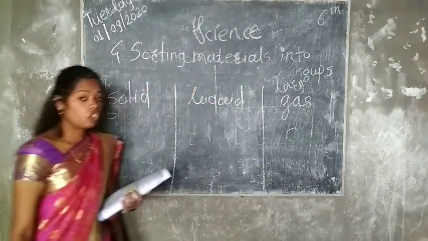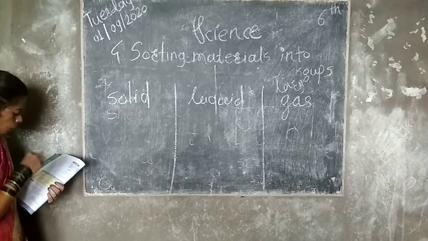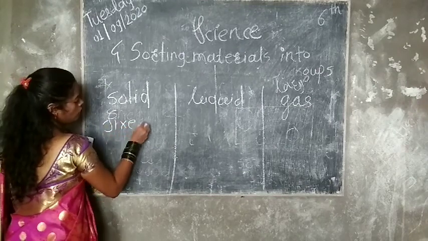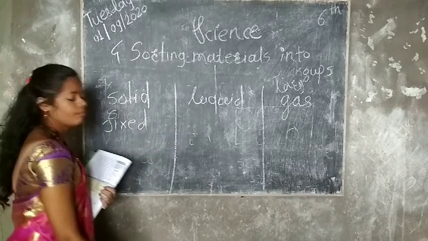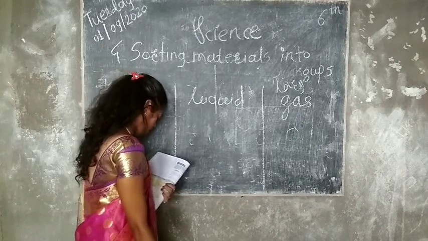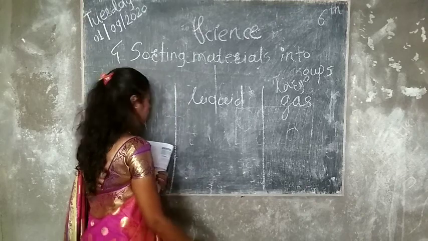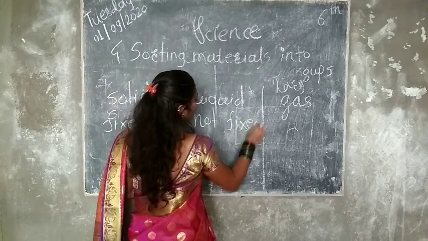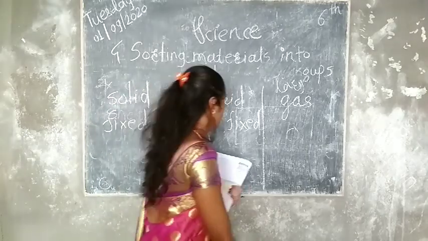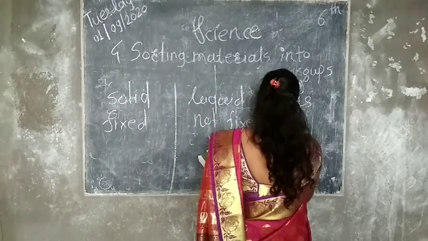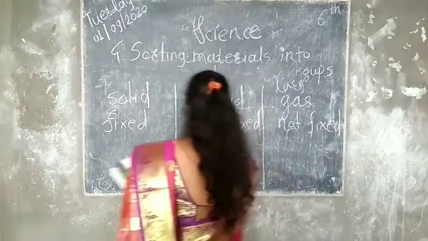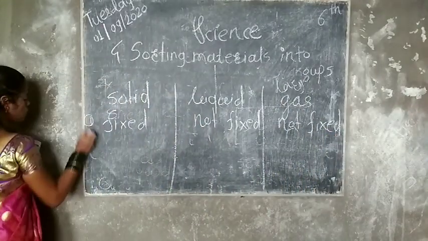Regarding the first point, shape. In solid, shape is fixed. In liquid, not fixed. In whichever vessel it is put, it acquires that particular shape. Obviously, gases have no fixed shape. That's why it will not be fixed.